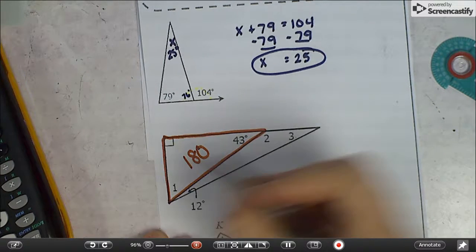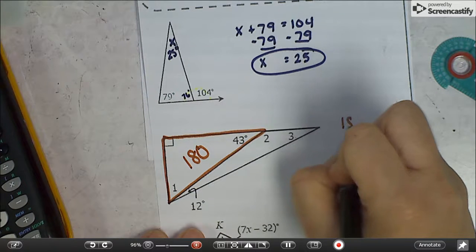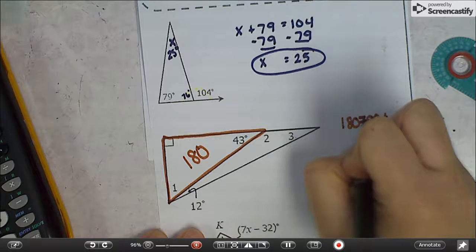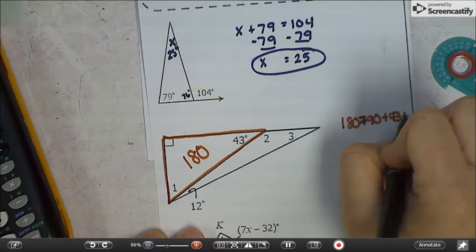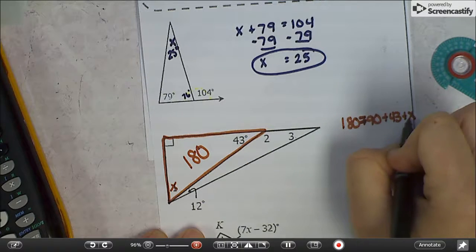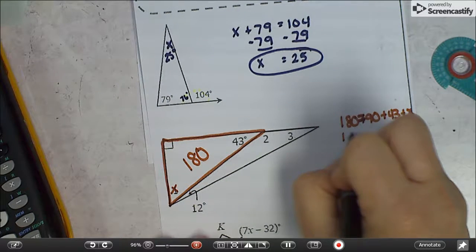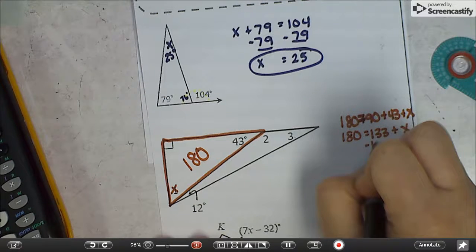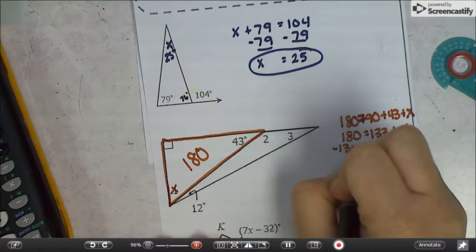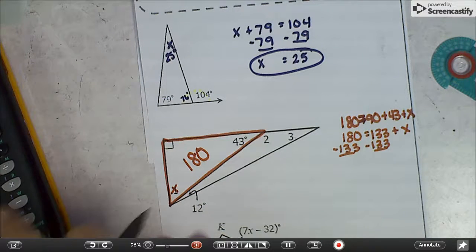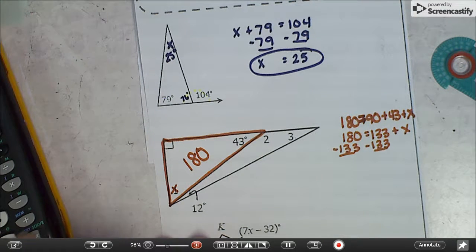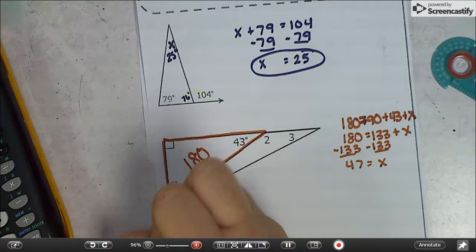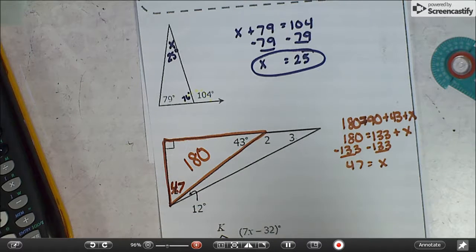Okay, so to find angle 1, we could do 180 equals 90 plus 43 plus x. And actually, if I was doing this not as notes, I would probably just subtract it all in my calculator. 180 minus 90 minus 43. All right, so now we know that this is 47 degrees.